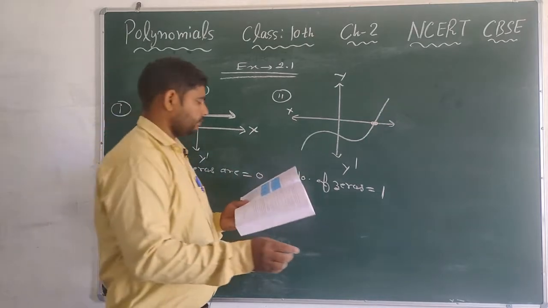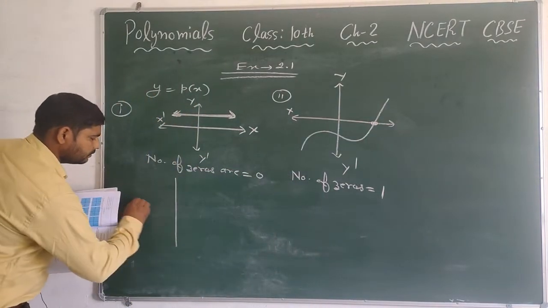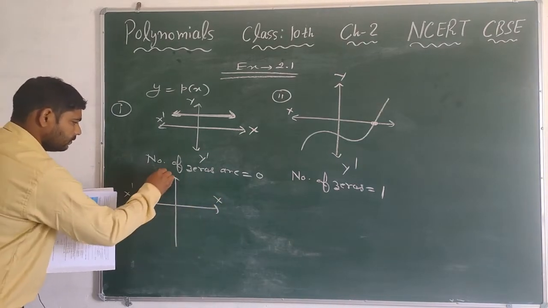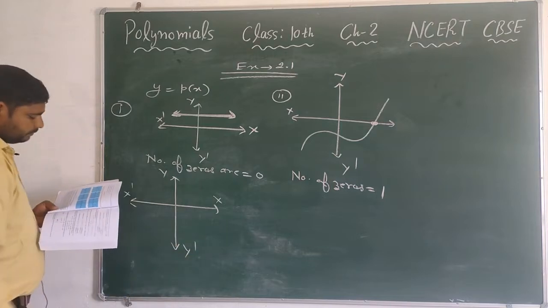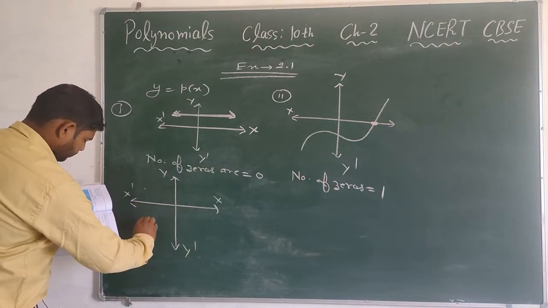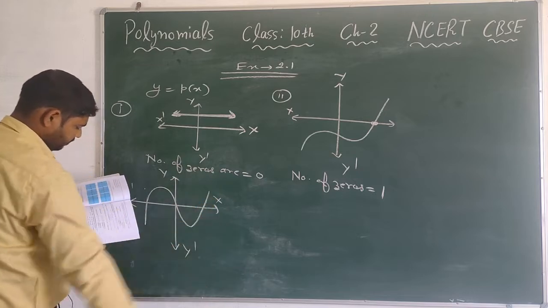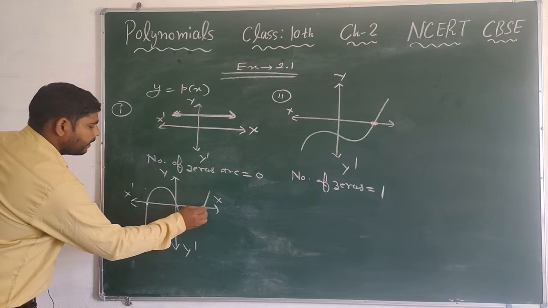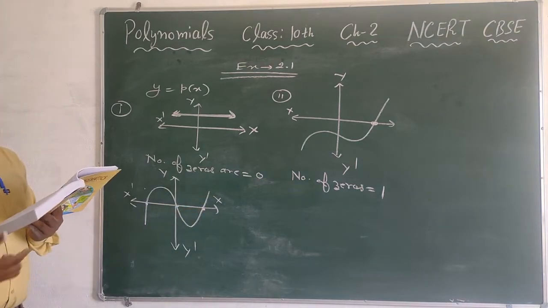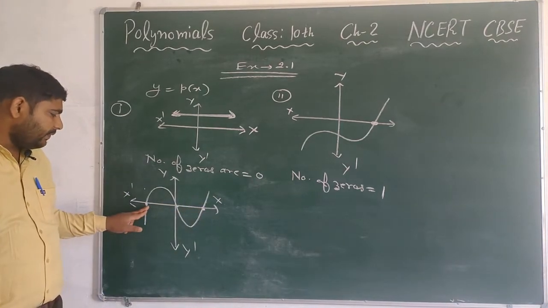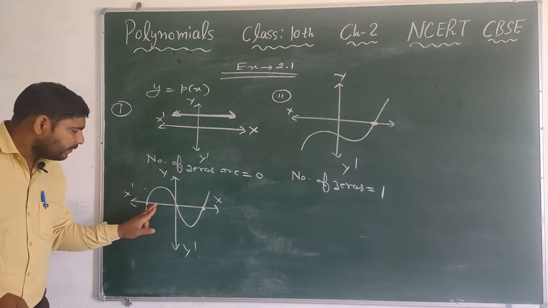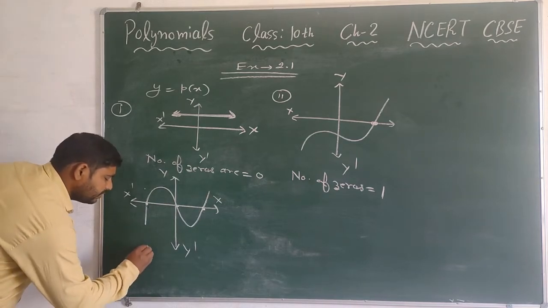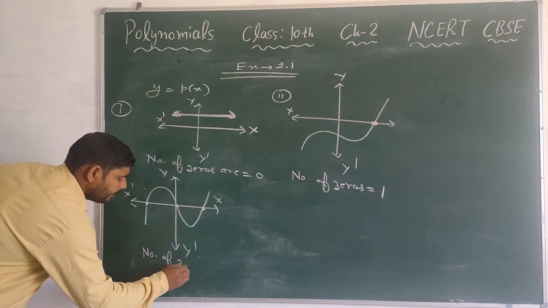Part third. There are 3 zeros because the graph intersects the x-axis 1, 2, 3 times. So number of zeros equal to 3.